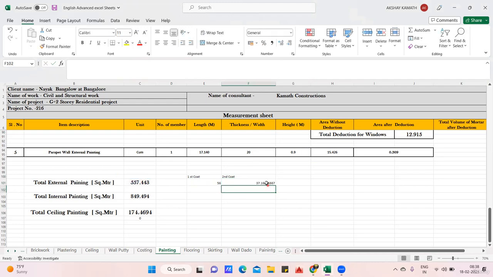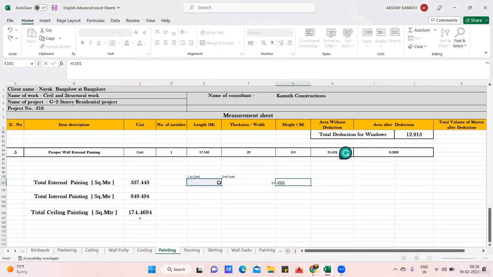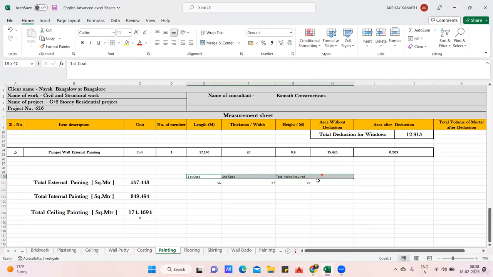So it will be 37. Total will be 56 plus 37. So I require 93 liters of total paint. If somebody asks you for this area how much paint is required, this is a calculation that you are supposed to do.